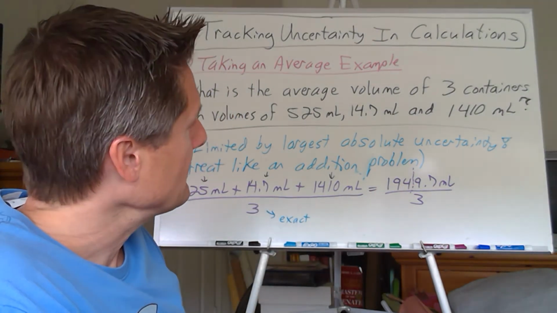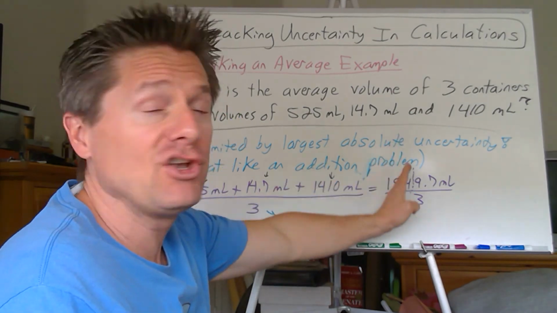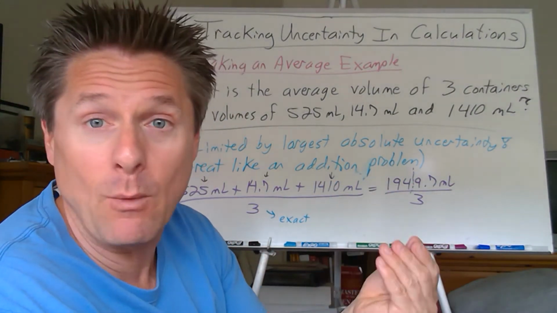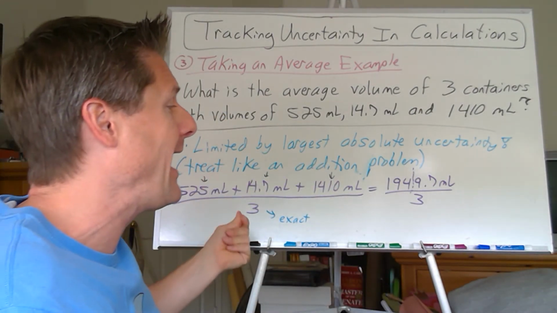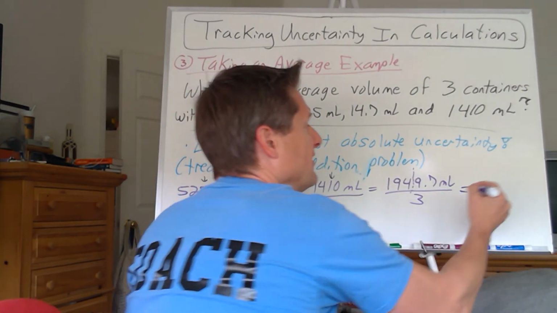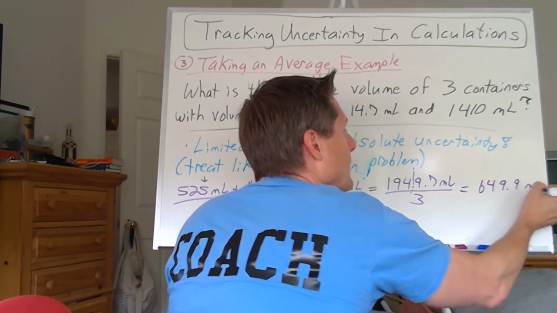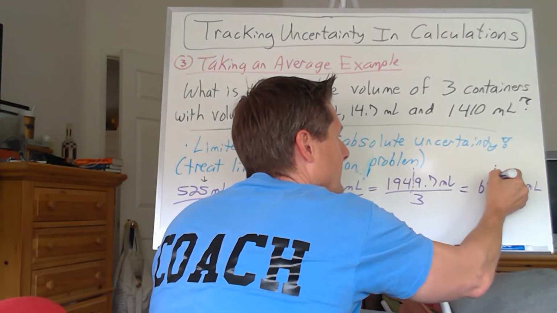Okay. This is where the gut goes wrong. We're going to do a division, so we want to go by fewest sig figs, but we don't. The statisticians say all the uncertainty is in the top, so we're limited by the addition. We're limited to the tens place. So when we do this, we get 649.9 milliliters, limited to the tens place.